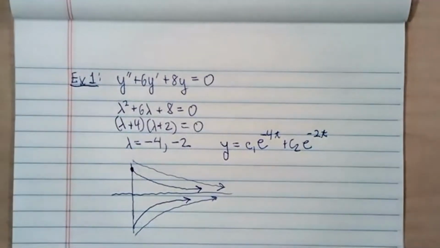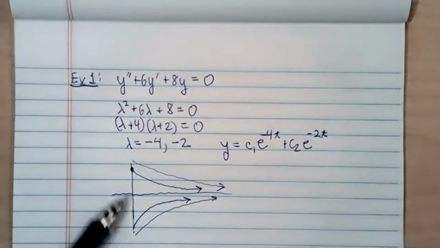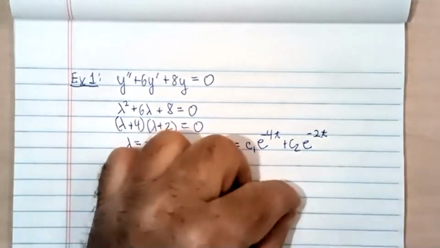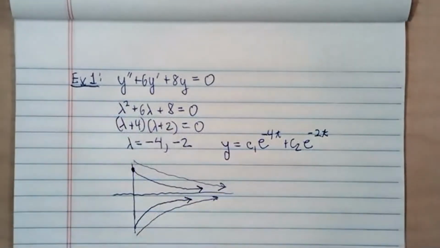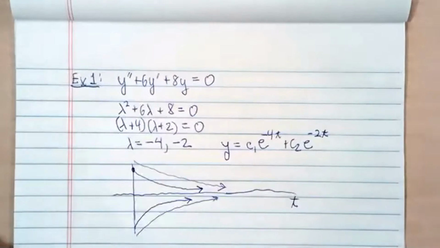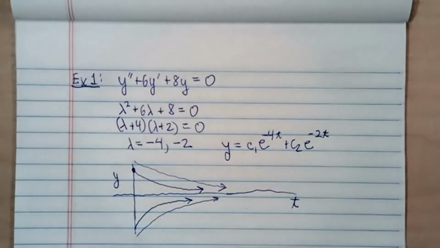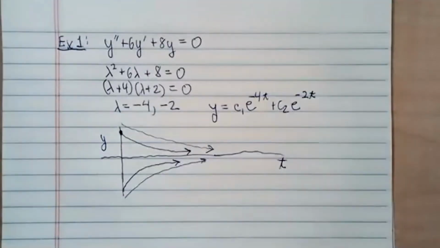Now, this appears stable in the sense that it really doesn't matter how you set the starting conditions. This is all going to be drawn down to basically following the horizontal axis, the t-axis in this case, and it'll do that no matter what. So this looks like stability of some sort.